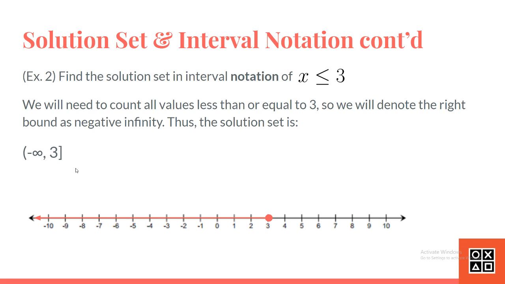Whenever you are denoting infinity or negative infinity, you usually set that bound with a parenthesis. And once again, because x is less than or equal to 3, which means it includes 3, you put a bracket next to it, and with inclusive, you put a closed dot at 3.